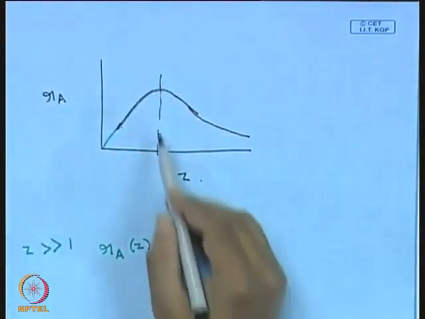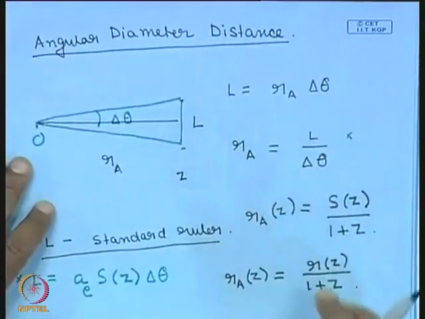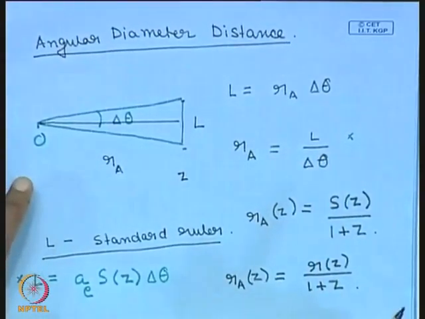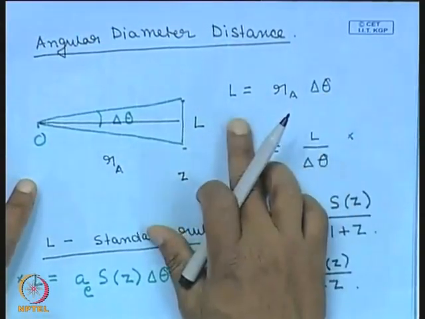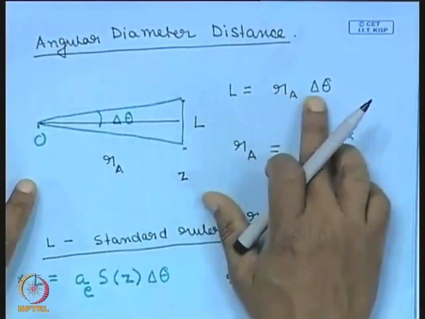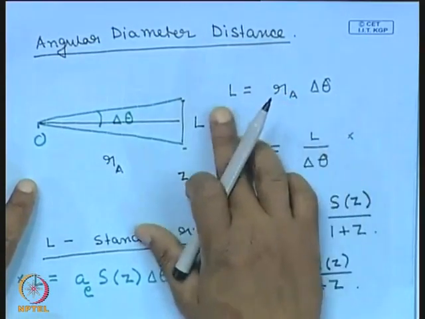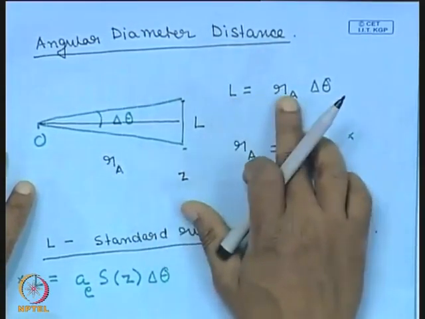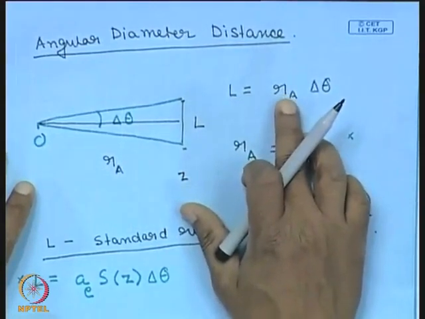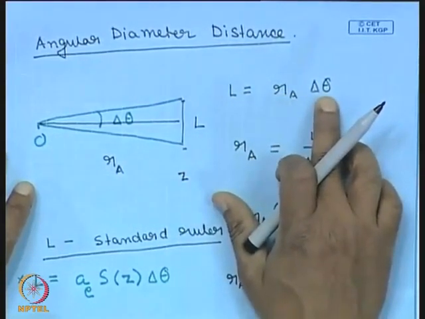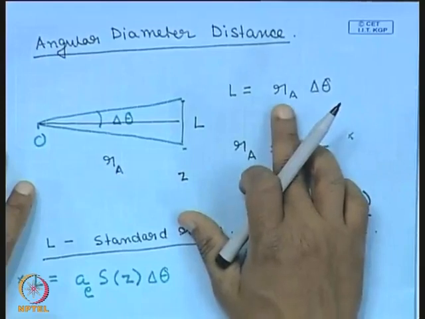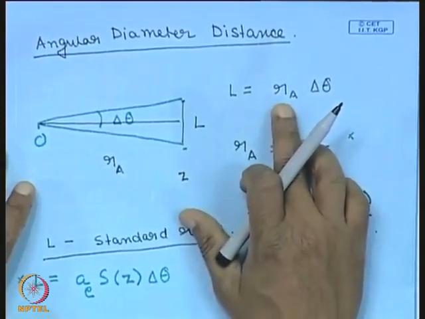After that the angle will increase again, because the angle which the object subtends, delta theta, is L by R. L is fixed, R is initially increasing, so delta theta is decreasing, but after a certain redshift R will again decrease.